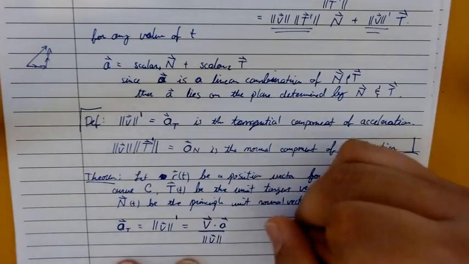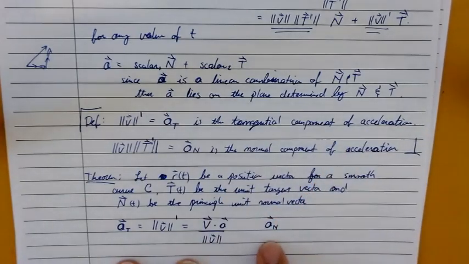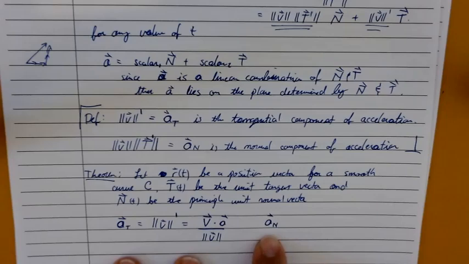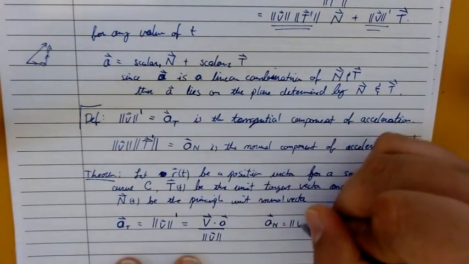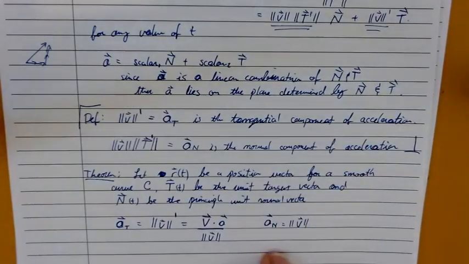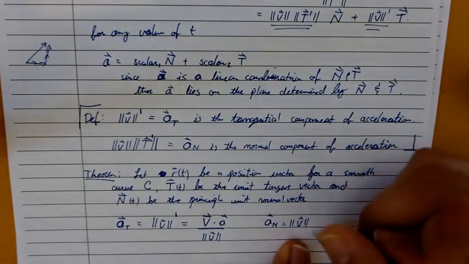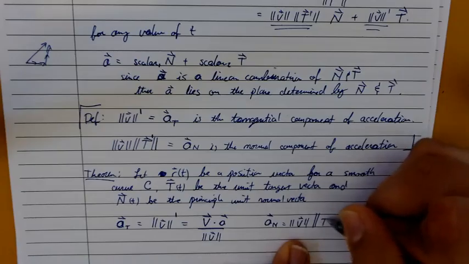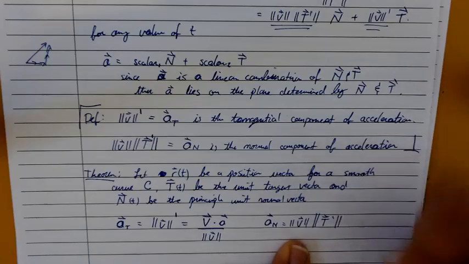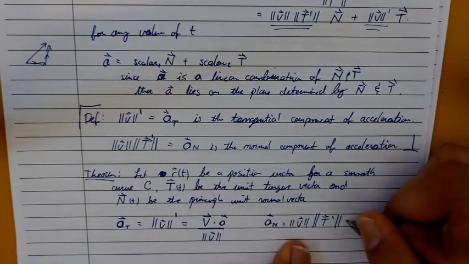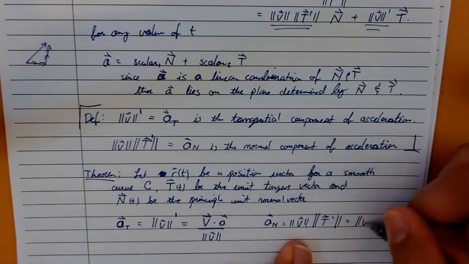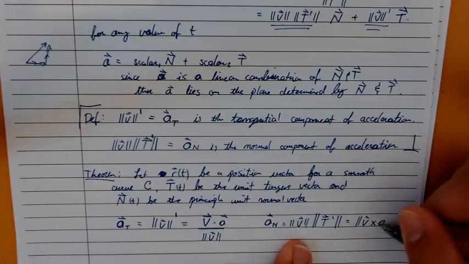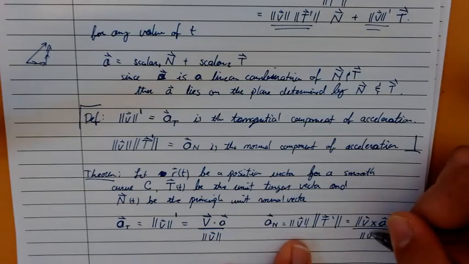And a sub n, the normal component of acceleration, defined up here as the magnitude of v times the magnitude of T prime, can also be computed as the magnitude of the cross product of velocity and acceleration over the magnitude of the velocity.